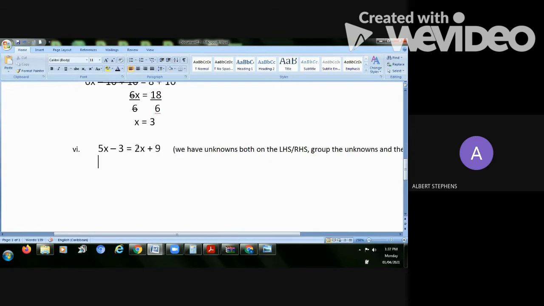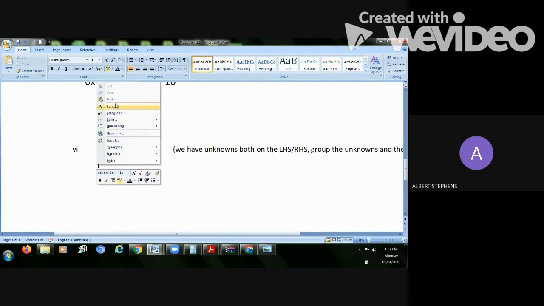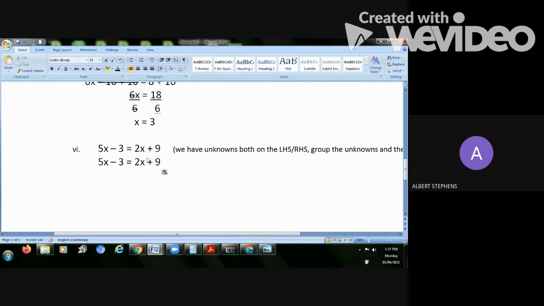I want this 2x over here to appear on the left hand side. So let me rewrite it down here. If I want to get rid of this 2x on the right hand side, I would have to what? Subtract it, not true?